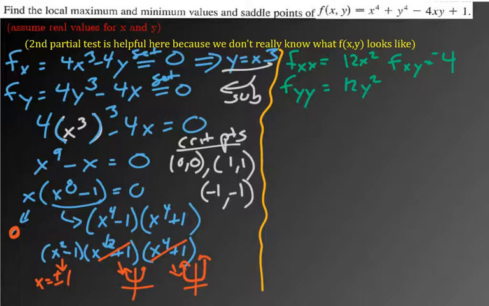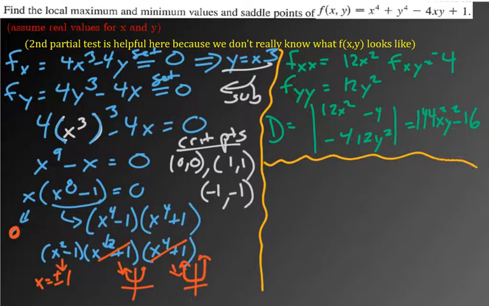If you set up your 2x2 Hessian matrix and take the determinant, you should get 144x squared y squared minus 16. Now you can go ahead and evaluate.